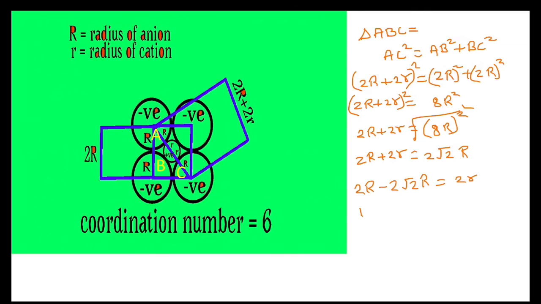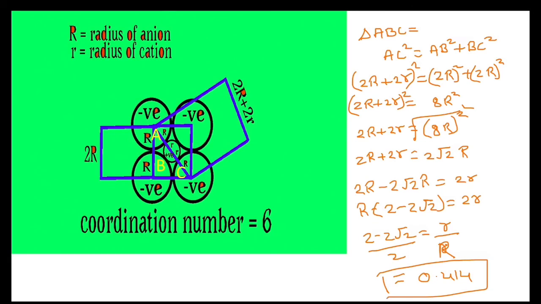Now taking R common, 2 minus 2 root 2 is equal to 2 small r. So the r by R ratio is 2 minus 2 root 2 by 2. Substituting the value, we get the answer, that is 0.414. This is the radius of cation to the anion.